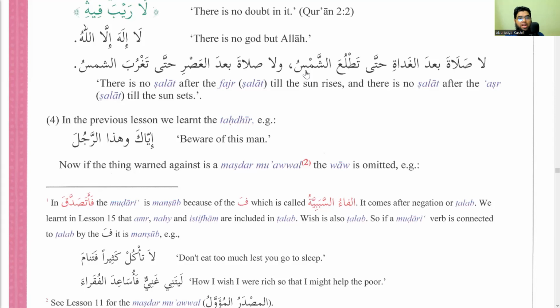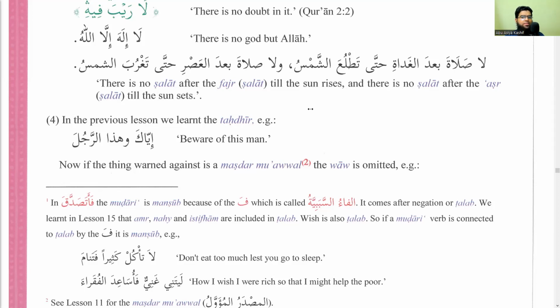Even if you're trying to translate, always search for the fa'il, because sometimes the fa'il will come very late, so it becomes very difficult to translate if you don't know who's doing the action of rising. And it is feminine. Shams is feminine. That's why yatlu'u is not used, but tatlu'a, because shams is feminine, muannath.